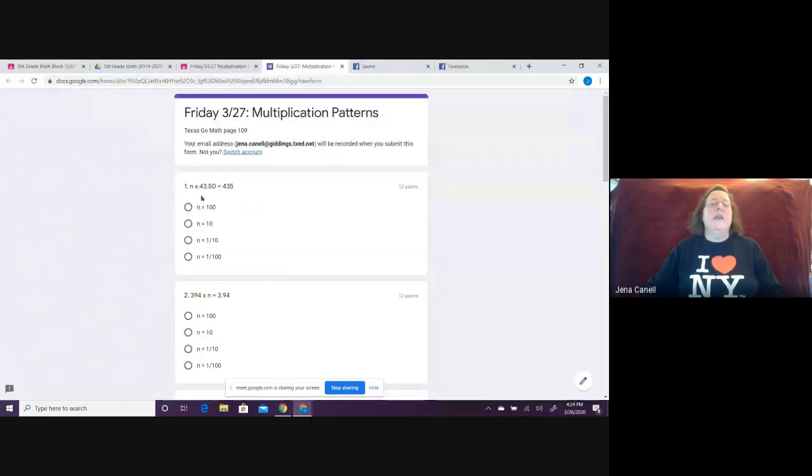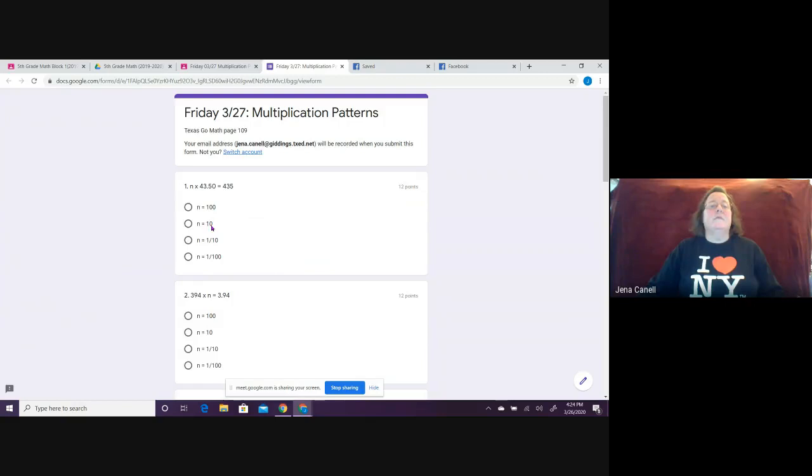All right, so question 1: n times 43 and 5/10 equals 435. Understand, you need to see what is the difference. How many times did we move the decimal place here in order to get this answer? Then you need to figure out, is it 10? What is 10 times 43 and 5/10 look like?